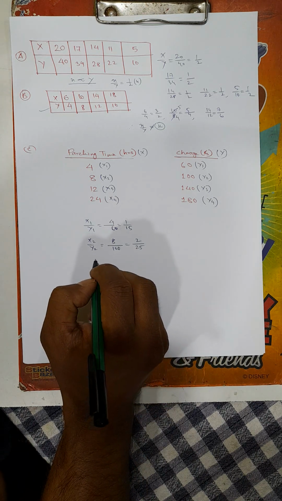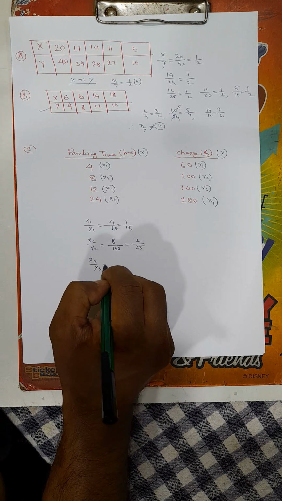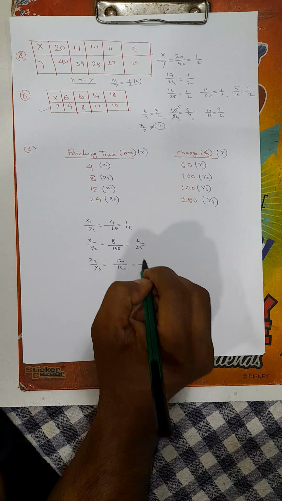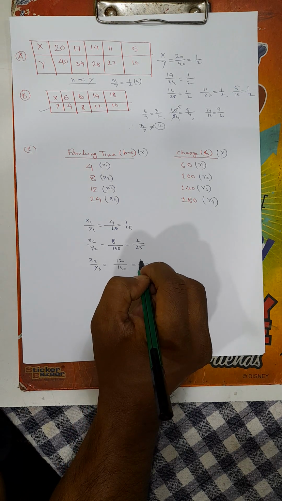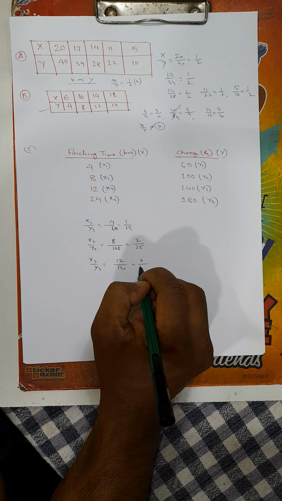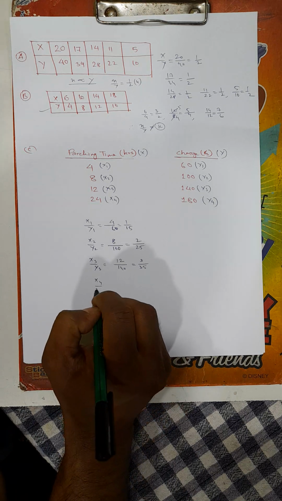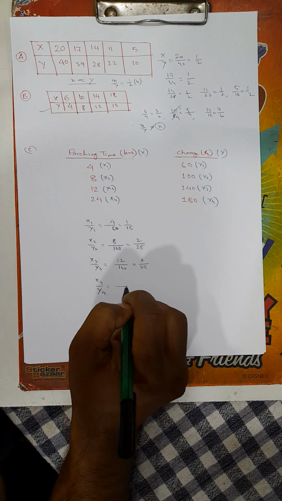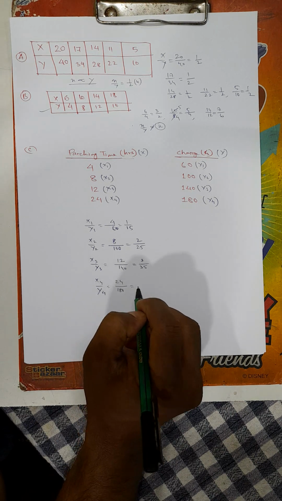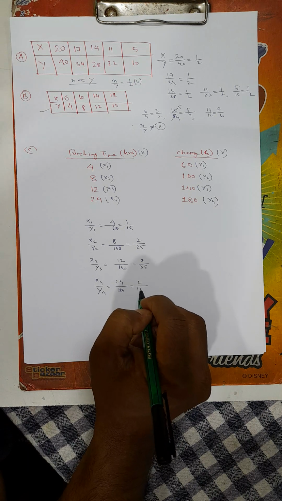Then x3 divided by y3, 12 by 140. 4 3s are 12, 4 35s are 140, so 3 by 35. x4 by y4, that means 24 by 180, so 12 2s are 24, 12 15s are 180, so 2 by 15.